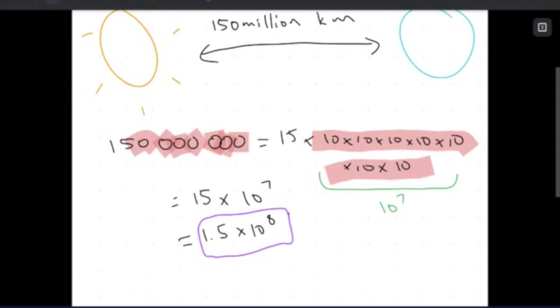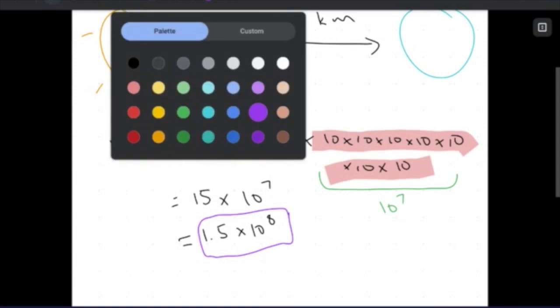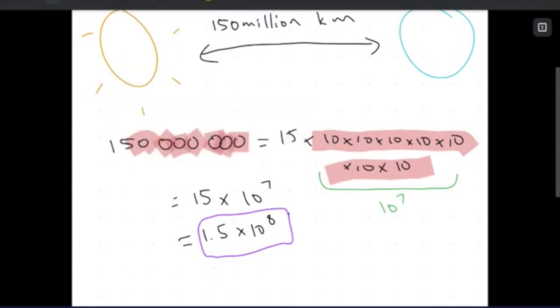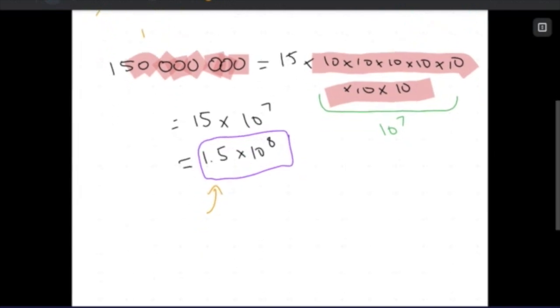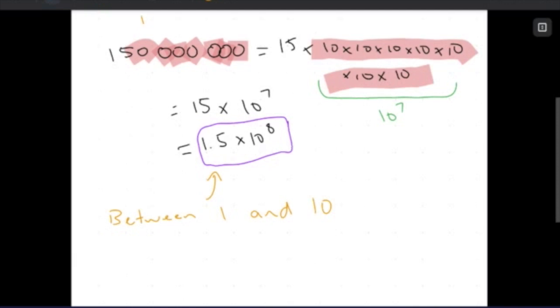And it's customary for this number, when we write in this form, our 1.5, this number should be between 1 and 10. Because if we had anything more than 10, well, that's just the equivalent of multiplying by another 10, essentially. So the number we have here is going to be between 1 and 10, and we just multiply by 10 to the power of however many we have.